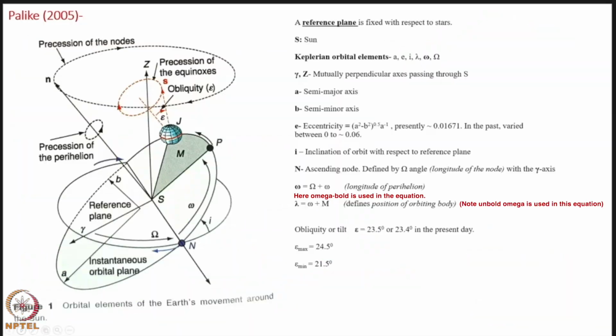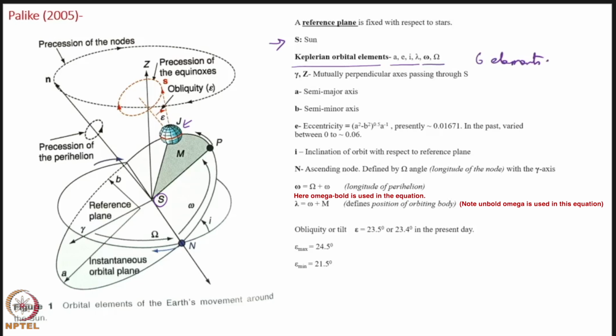Let us look at the basic points in the Milankovitch cycle. Consider sun given by capital S, and here is the earth rotating around the sun. We are going to define the Keplerian orbital elements A, E, I, lambda, and then omega. So, there are altogether 6 Keplerian elements.